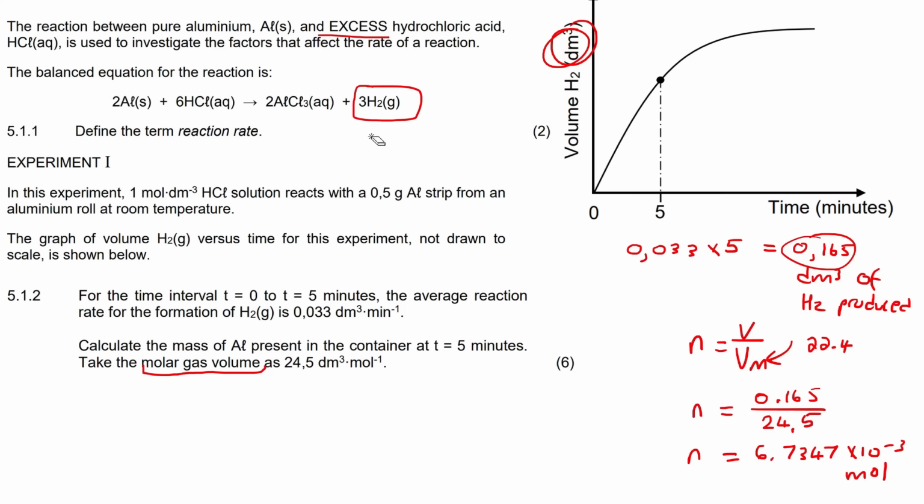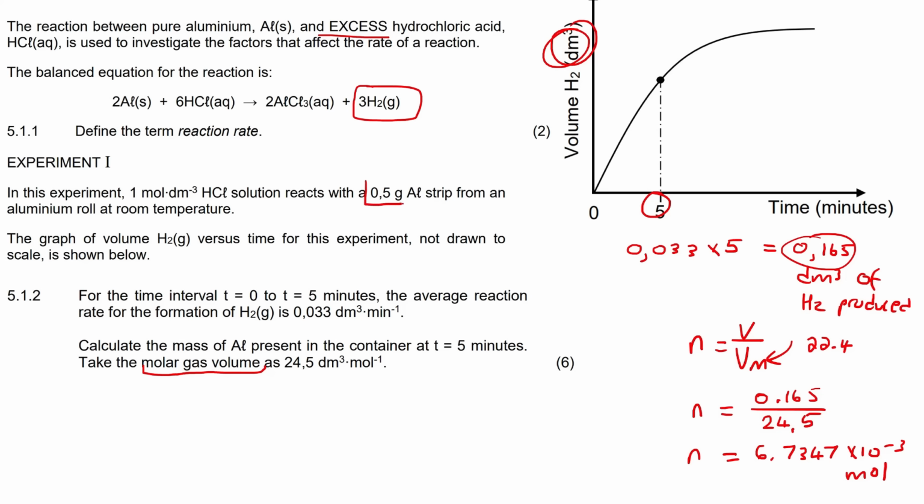Good question. That is the total amount of aluminium that we were given. If you had to work that out into moles, you would be saying that we are going to use all of this. But we're not going to have used all of that by the time we reach 5 minutes, because at the time of 5 minutes, we can see the reaction has not finished yet.